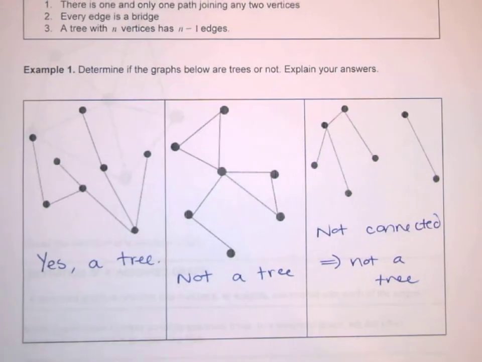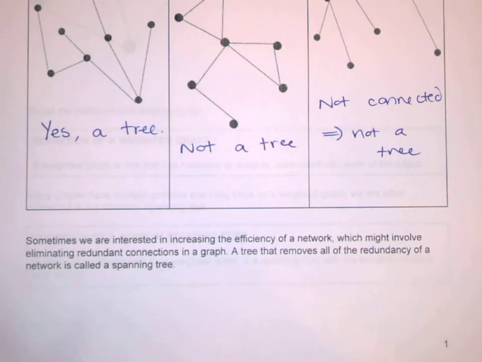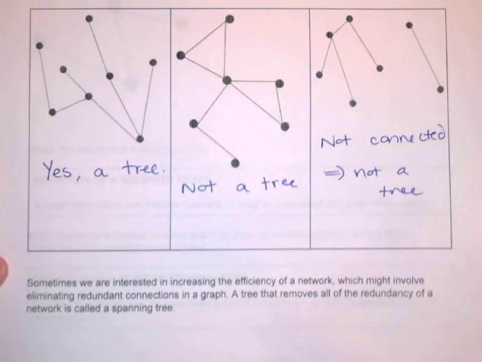So why do we need trees? What are these used for? Sometimes we're interested in increasing the efficiency of a network that we have, and that might involve eliminating redundant connections in a graph. So we're going to be looking for trees inside of graphs, and a tree that removes all the redundancy of a network is called a spanning tree.